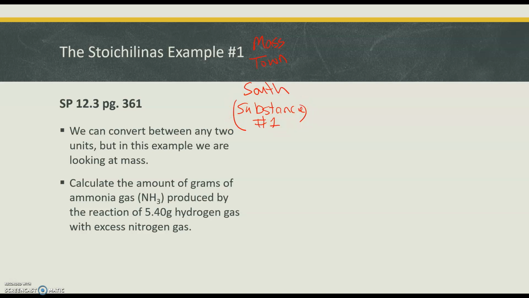We cannot go directly from Masstown to Masstown. Instead, we have to first go from Masstown of South Stoichiometry to Mole City of South Stoichiometry. So for both of these, we are still in South Stoichiometry.